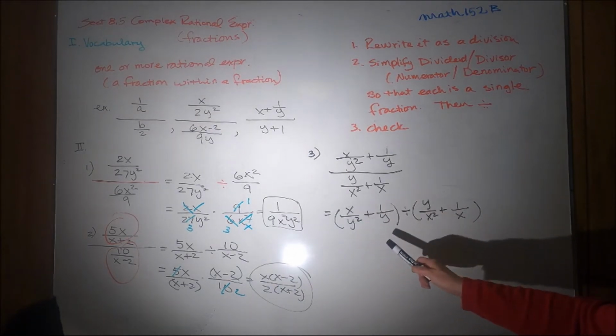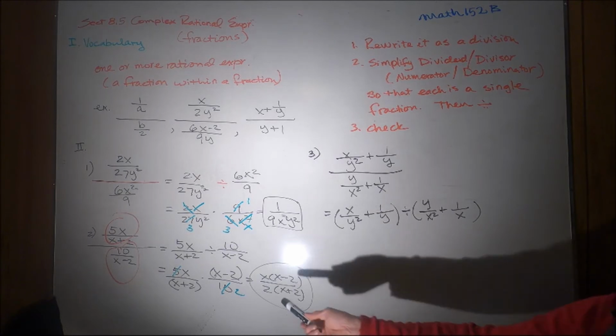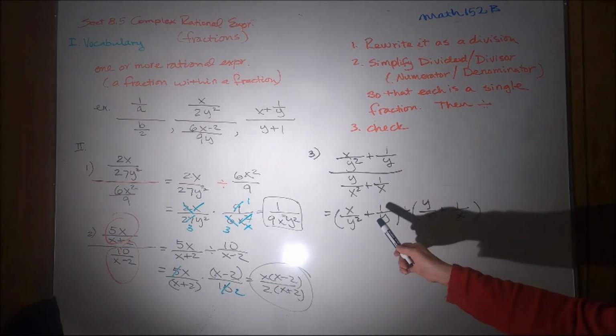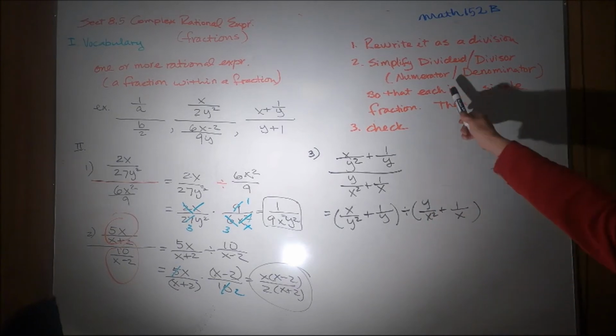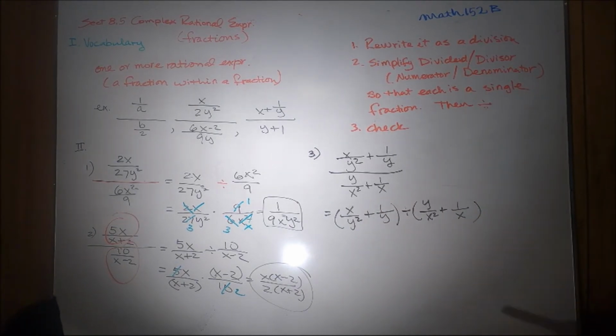Right now, they are not single fractions, so you cannot flip, you cannot cross cancel, right? So before we can flip, we have to do what? Make each one a single fraction.